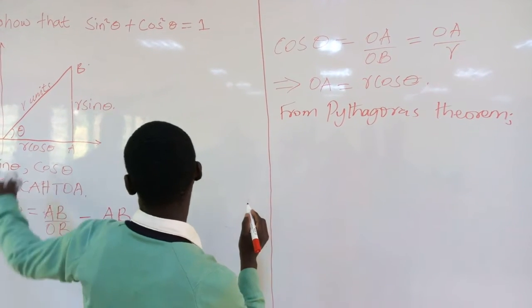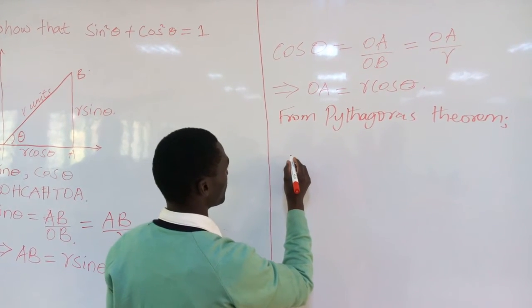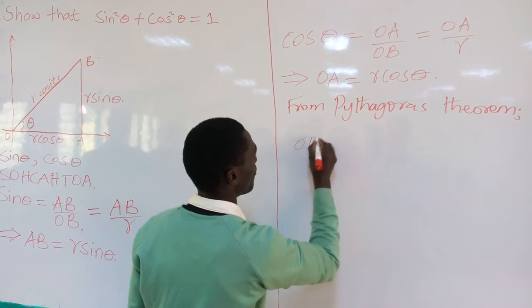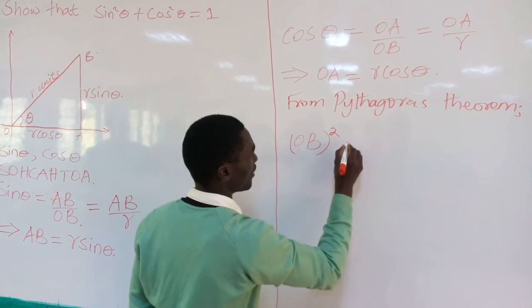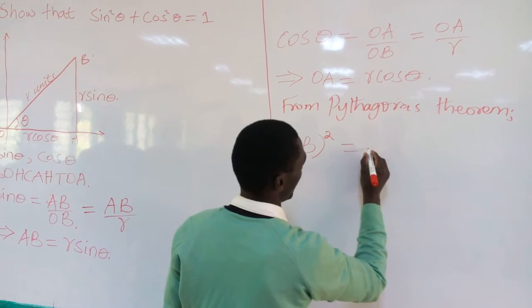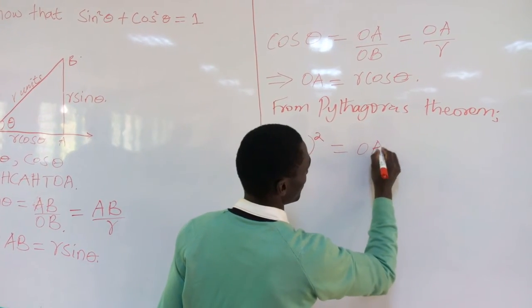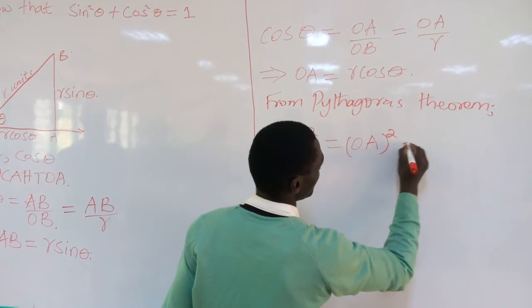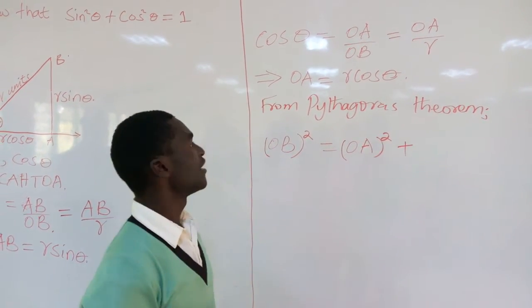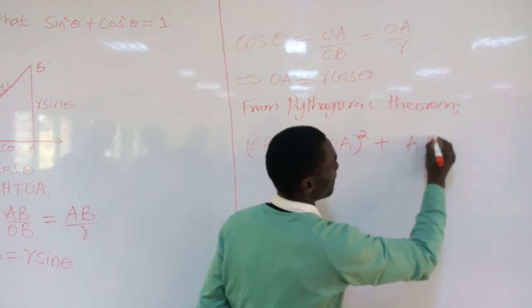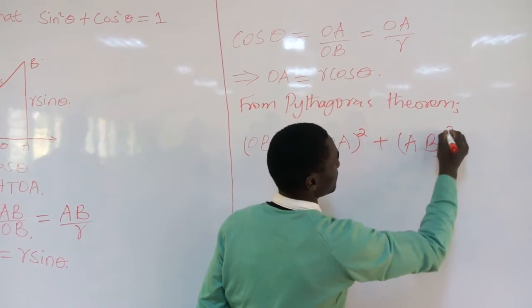From our figure here, hypotenuse is equivalent to OB, squared, is equal to adjacent, which is OA, squared, plus the height, which is AB, squared.